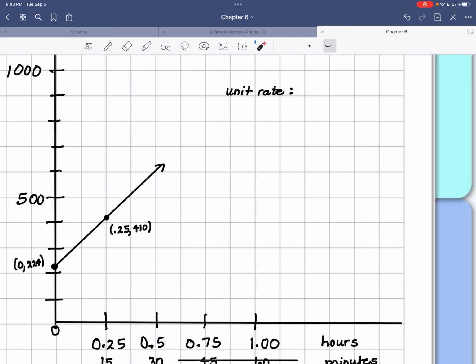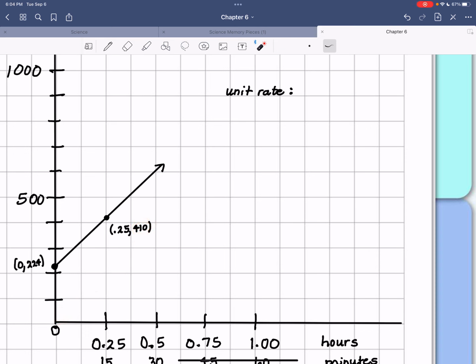This is not 410 calories starting at 0. In other words, you don't burn 410 calories jumping rope for 15 minutes. I wish you did, but you don't, because we didn't start at 0 hours. We didn't start at 0, 0.